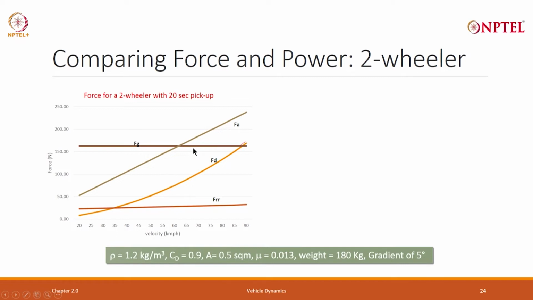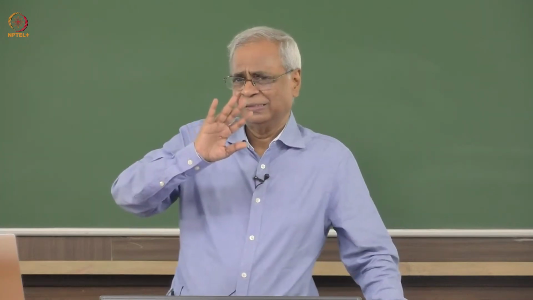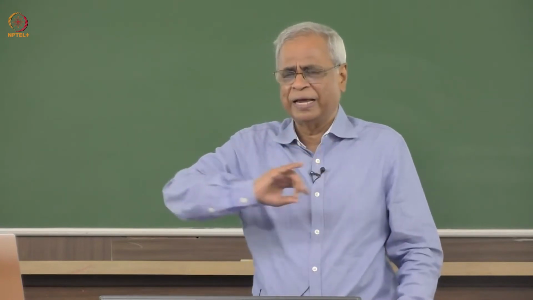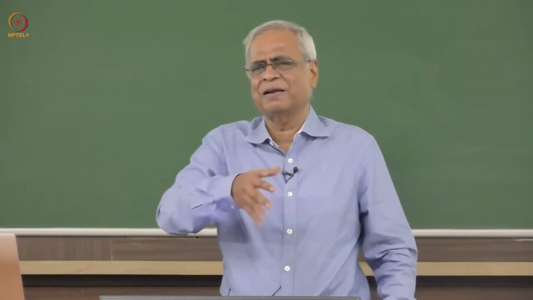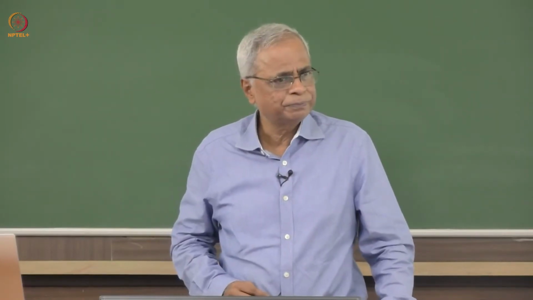If there is no slope, this is not there. But even a 5 degree slope can become a problem, and if you have higher slope like 8 degrees or 10 degrees, it can become very, very large. When there is a slope, it is the force due to gradient which will dominate. By and large, the others play a minor role.